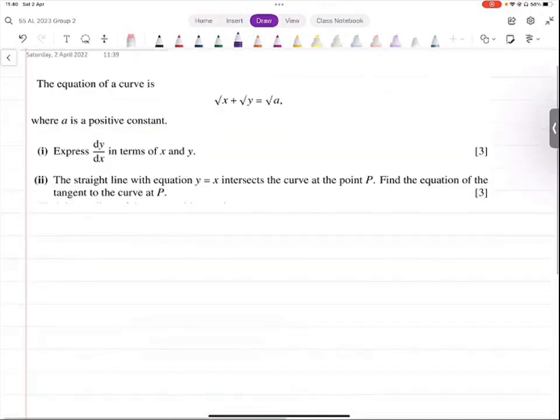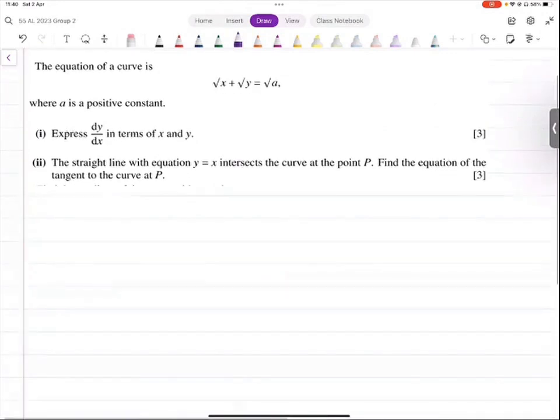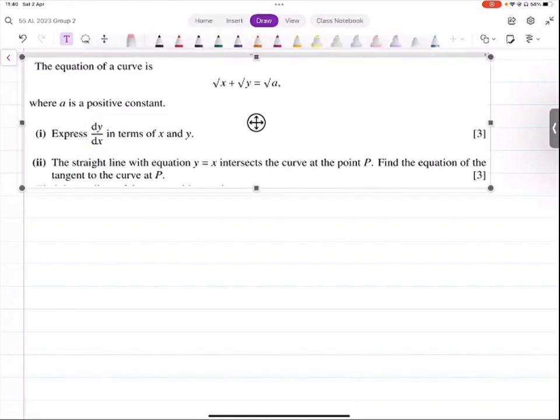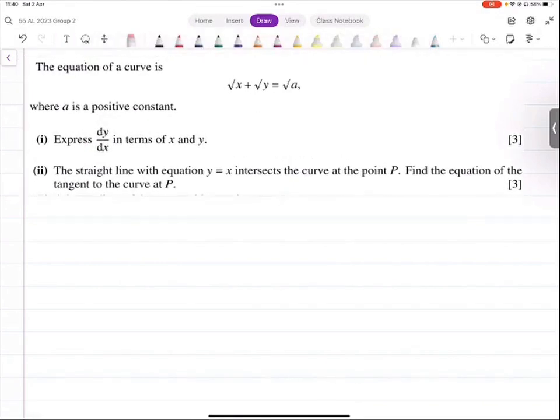From the worksheet, let's look at this. We have the equation of a curve, and that's given like this: square root of x plus square root of y equals square root of a, where a is a positive constant. So second, find dy over dx in terms of x and y. Do we have y the subject?